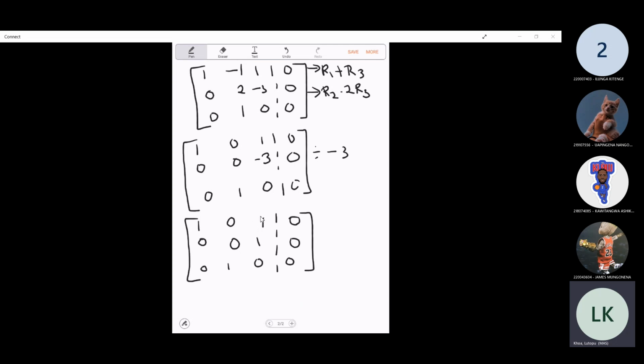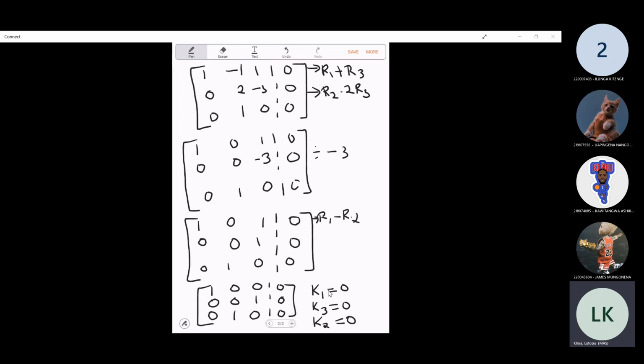Then I can also make this one a 0. Row 1 minus row 2. Then you'll see I have 1, 0, 0, 0, 0, 1, 0, 0, 0, 0, 1, 0 here. Okay, so from here you can see K1 is 0, K3 is 0, and then K2 is 0.